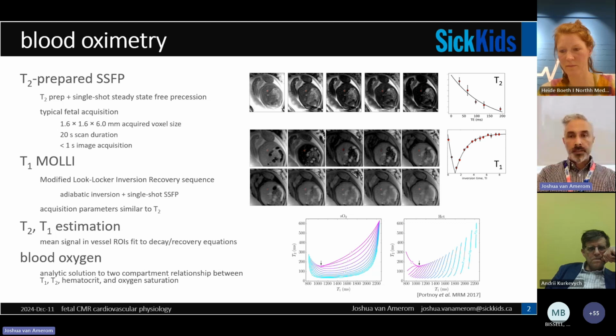The combination of T1 and T2 can then, by an analytic solution of this complex relationship between T1 and T2 and hematocrit and oxygen saturation, give you those values. So a single T1 measurement somewhere in a vessel along with another T2 can give you hematocrit, and then you can use that to measure blood oxygen in other vessels, because that won't change much as far as I understand.